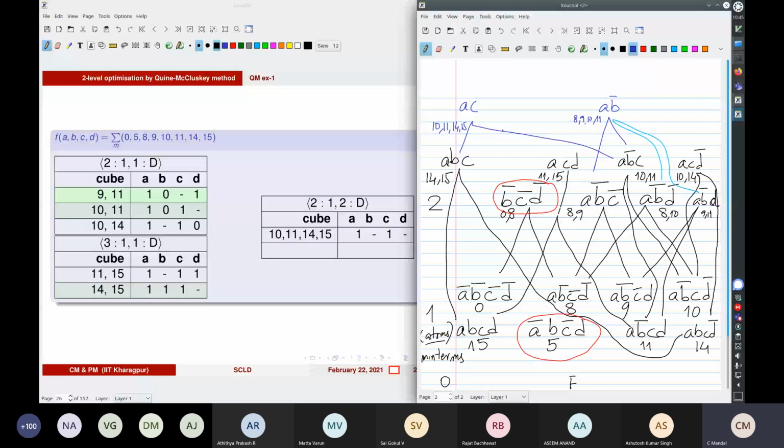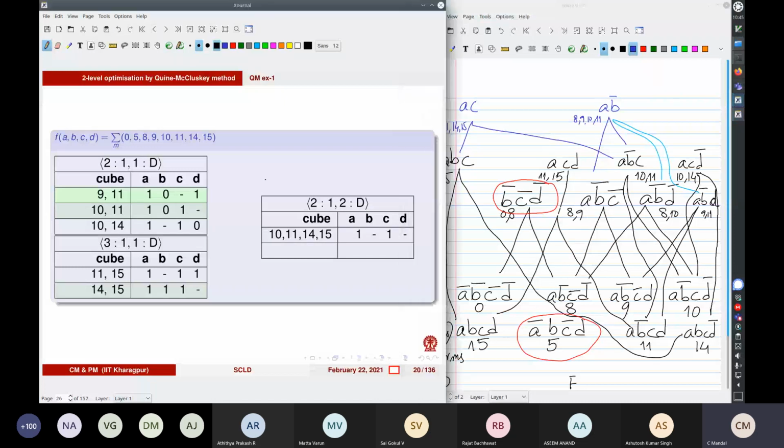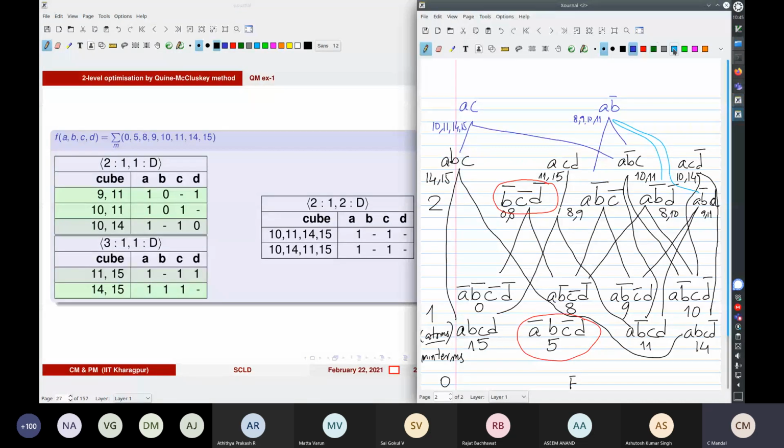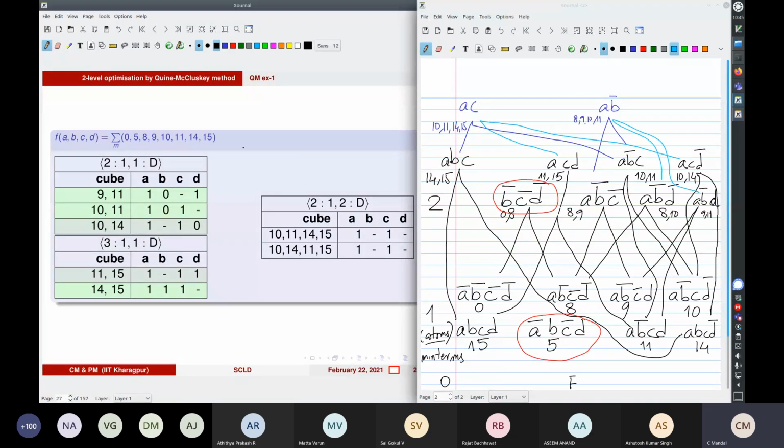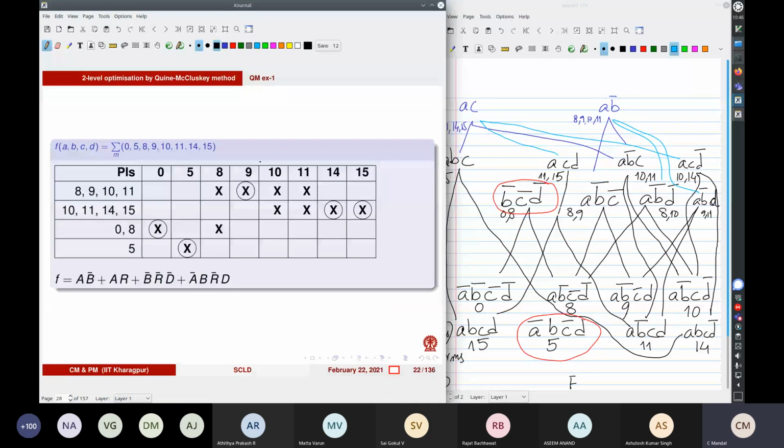And apparently we can combine one more, which is 10, 14 and 11, 15. We still get AC here. So I think that's about it.